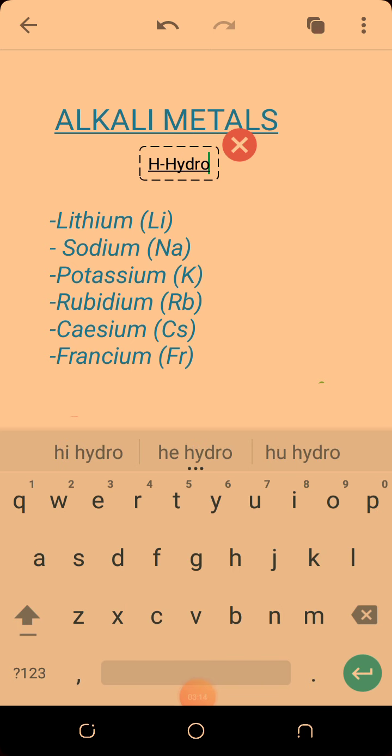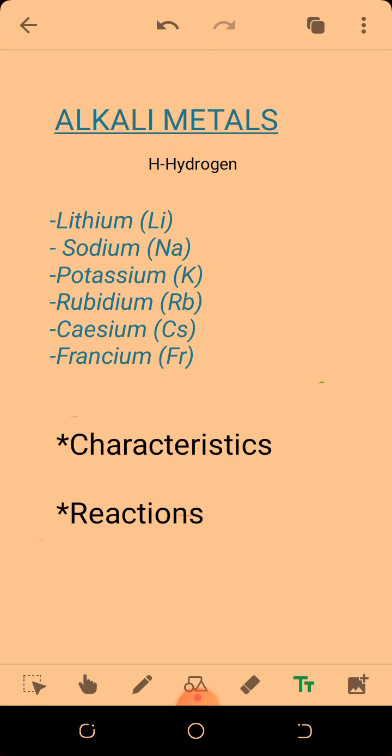Hydrogen is a non-metal, but it does not belong. It is just placed in the group 1 family for convenience. It only has one electron, right? But it is not a metal. It is just a non-metal. So these elements are the true alkali metals.